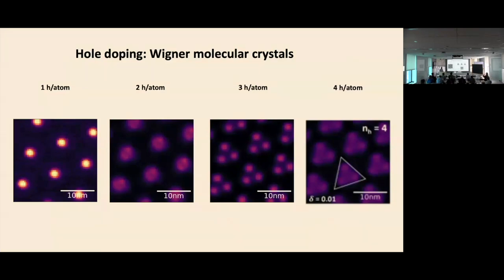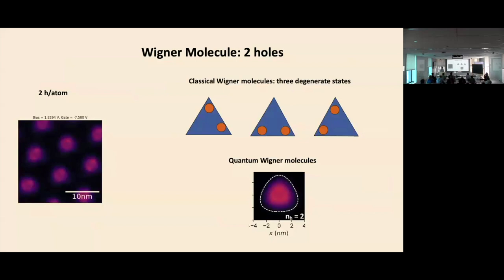When you have 2 holes per superlattice site, because of the triangular lattice, the potential is somewhat triangle shaped. There are basically 3 equivalent configurations in the classical picture when you want to minimize the classical potential energy.